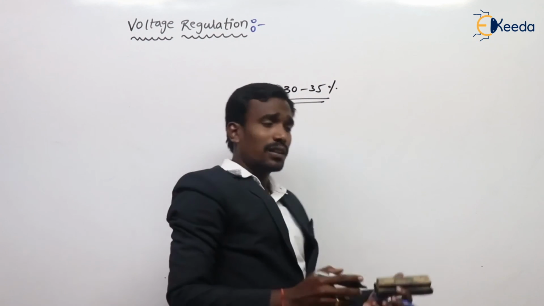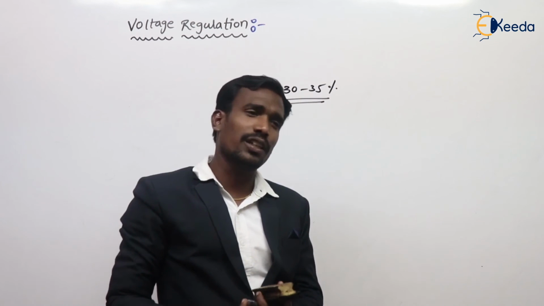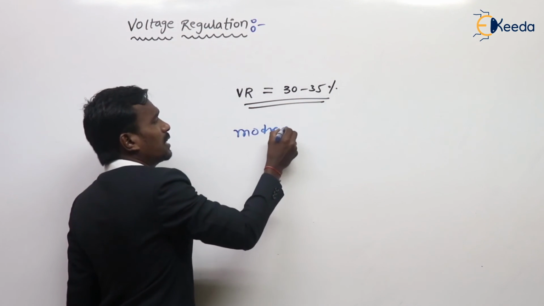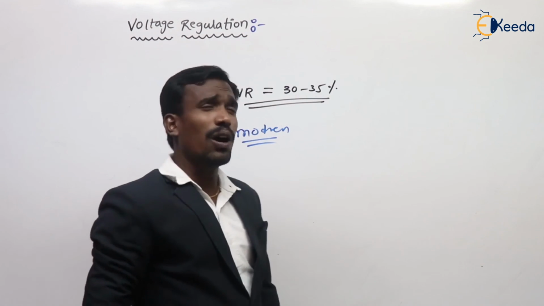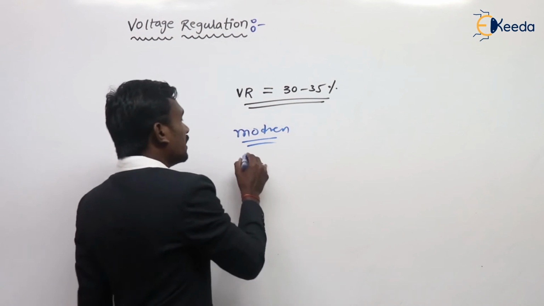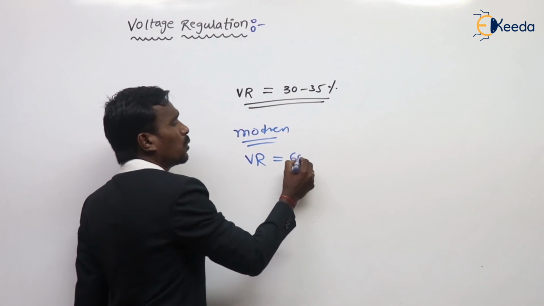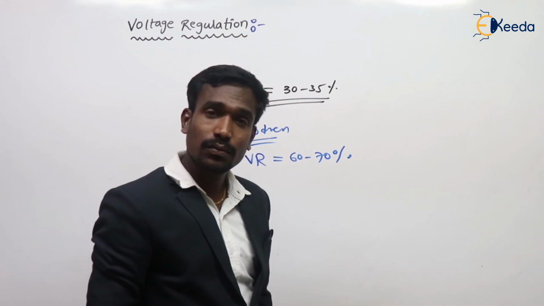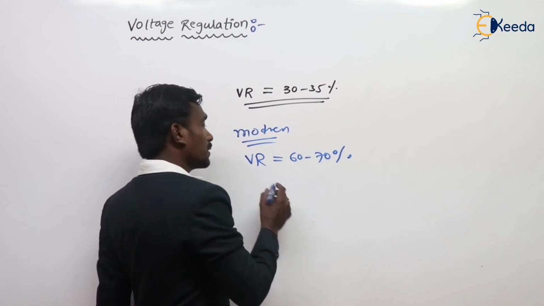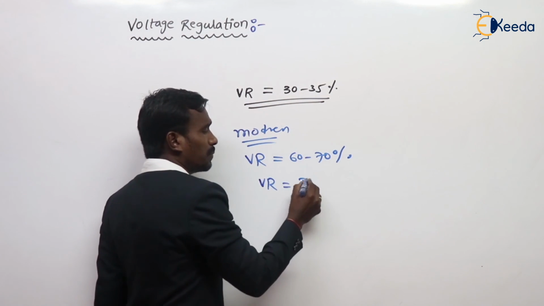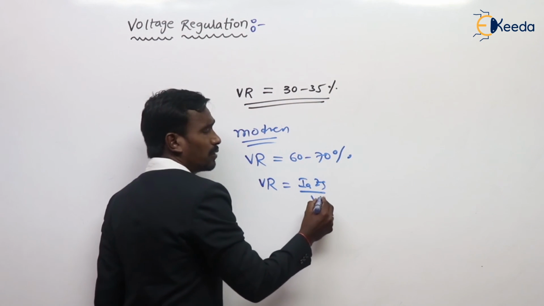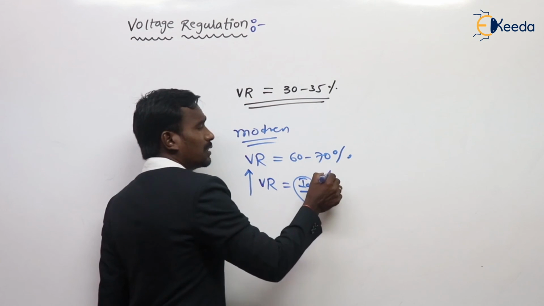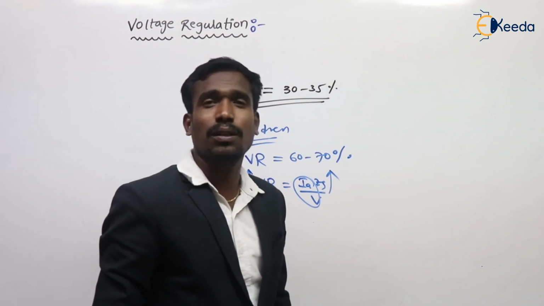But in modern alternators, the voltage regulation is designed up to 60 to 70%. Voltage regulation is nothing but IaZs upon V. If voltage regulation is maximum, the synchronous impedance is also maximum.